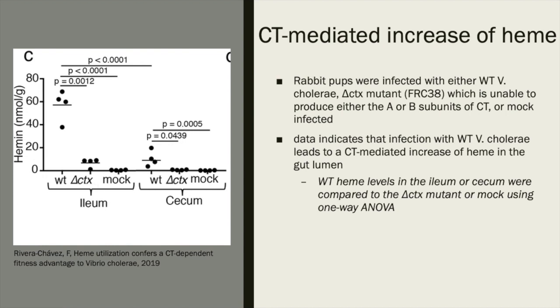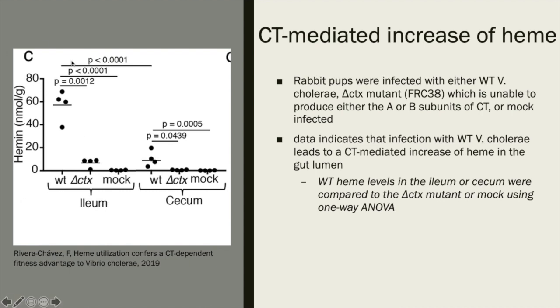It's important to measure the hemin because they wanted to see if iron was present, and iron is essential for bacterial metabolism. So it's essential for the Vibrio cholerae to metabolize. And it was found that metabolic pathways were the highest upregulated genes in Vibrio cholerae during the colonization of the ileum.